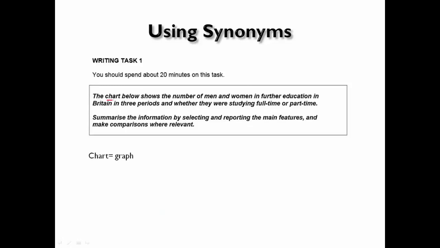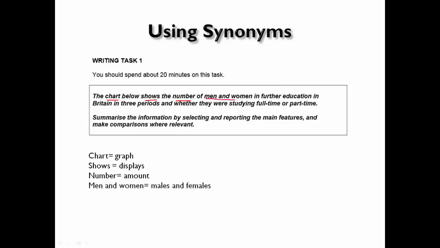So chart, we'd replace it with graph. So what we do is we just take the word and we replace it with a direct synonym. Shows, displays. So we replace this word with displays. So it would be the graph below displays. Number, amount.